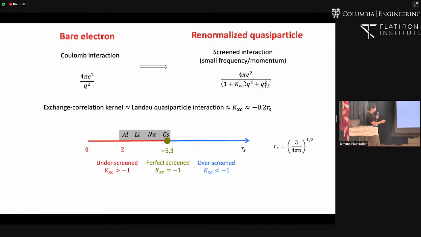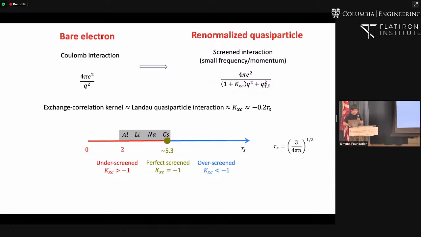Okay, so what it means is basically in some metal like cesium, the interaction is so strong that the K becomes -1, and this momentum dependence in the screened Coulomb interaction is simply completely removed by the prefactor K, and the Coulomb interaction becomes perfectly screened.